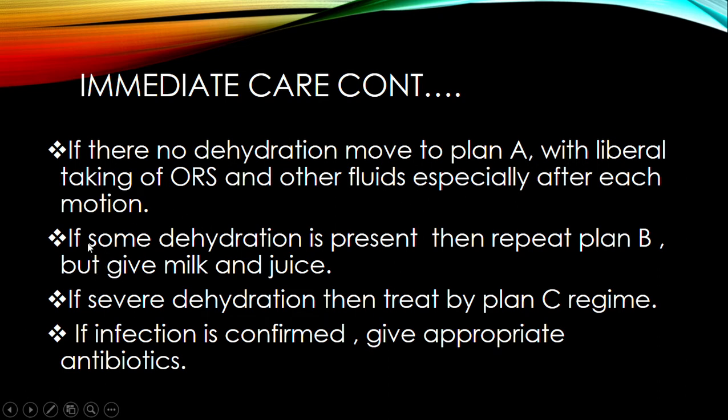Now let's move on. If some dehydration is present, then we are going to repeat plan B, and we can give some juice to the child. If severe dehydration, then treat by plan C.